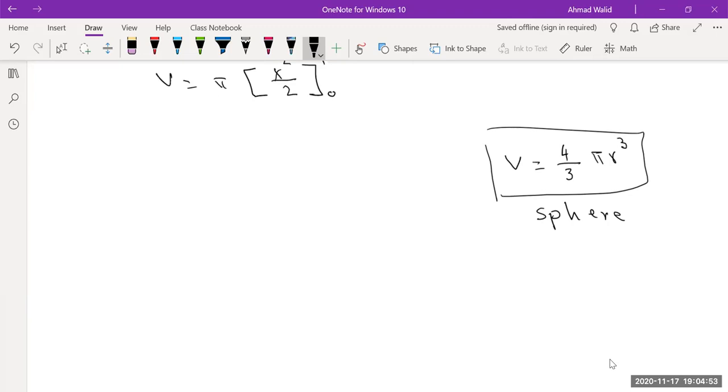Let's prove this formula. Let's find through calculus that the volume of a sphere, a shape like this, like a ball, like a baseball or football, is 4 over 3 pi r cubed. Let's prove it.